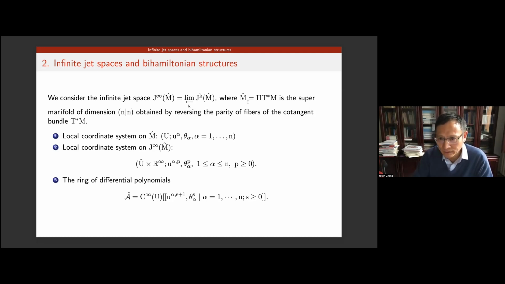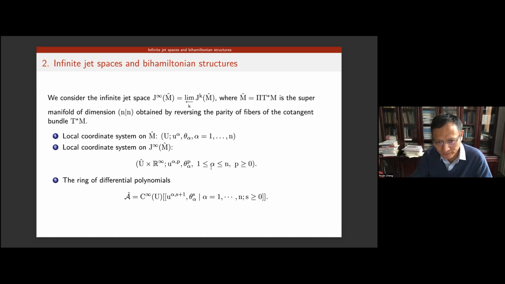We first take a chart on the base manifold M, and we have local coordinates u1 to un on this super manifold. These u alpha are even, so we call them even coordinates. We also have odd coordinates, theta alpha. So we have these local coordinates for the supermanifold, and on the infinite jet space we have jet coordinates of u alpha, theta alpha.